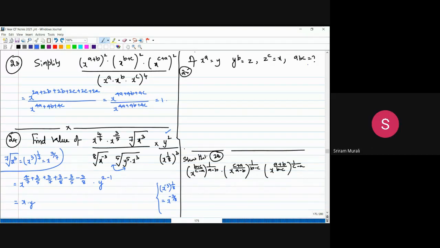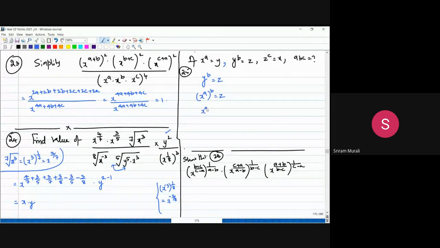How do we find the value of abc by eliminating the powers? You take any three equations in the given. I take y power b is equal to z. Ultimately, we want to bring abc to the base. Shall I write y as x power a, the whole power b? I mean this, y is this. What is the next step?